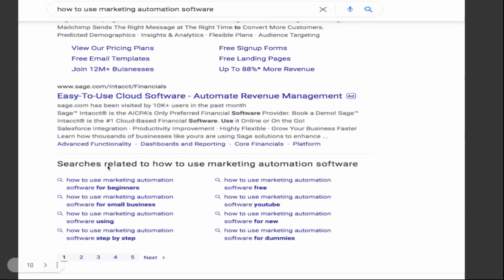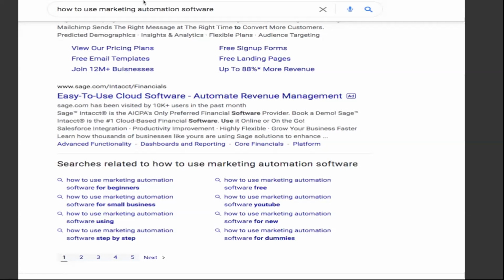And this is where the related searches show up. These are search related terms. So this is basically what other people who come to Google are searching for. You can see people are searching for how to use marketing automation software for beginners, how to use marketing automation software for small businesses. So you can just keep on writing about all this on your blog space, and you'll definitely drive traffic to your website.